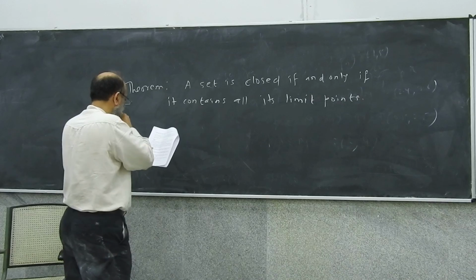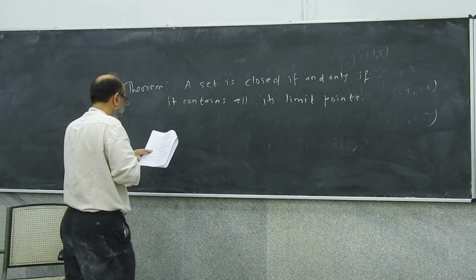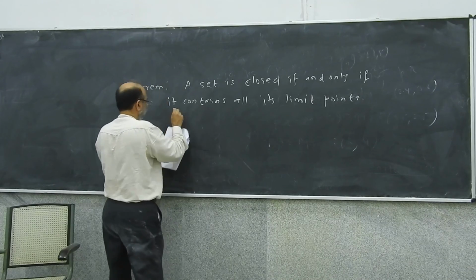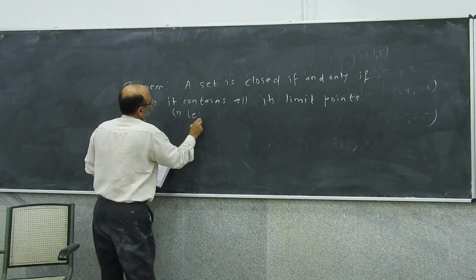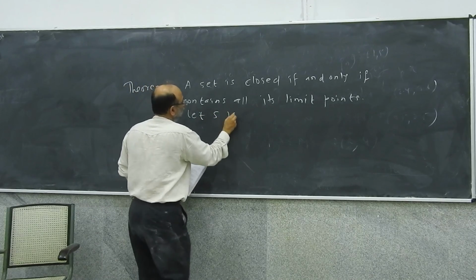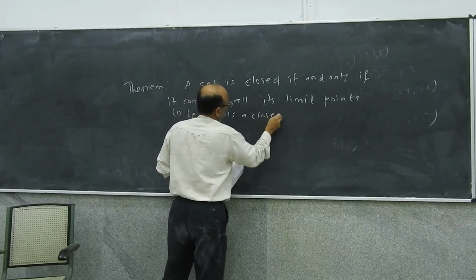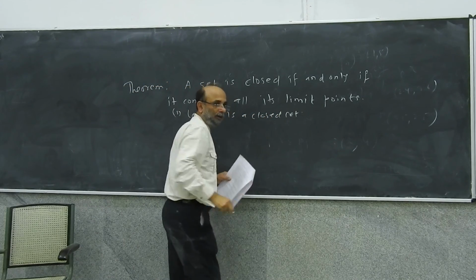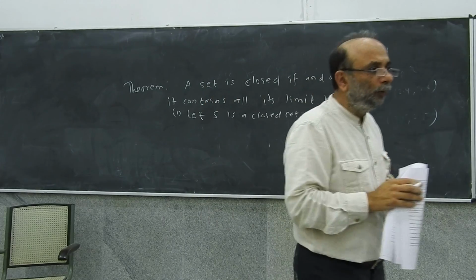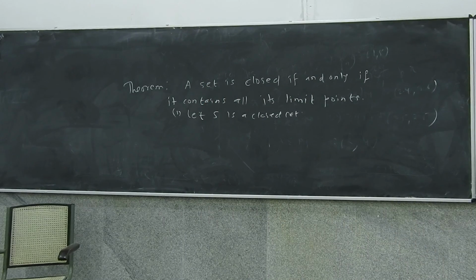So let's do it. First, let's start by assuming S is a closed set. We are going to do it two ways. Once we are going to show that if S is a closed set, it will contain all its limit points.